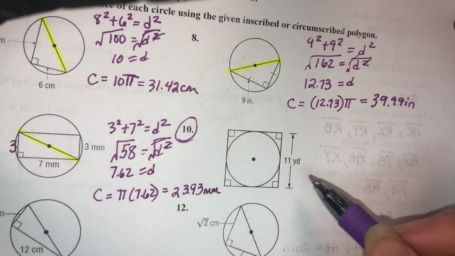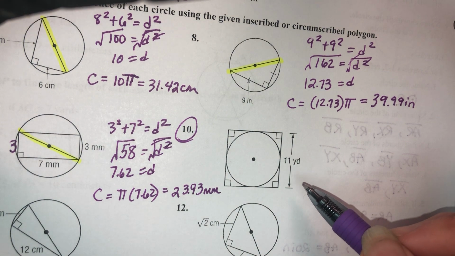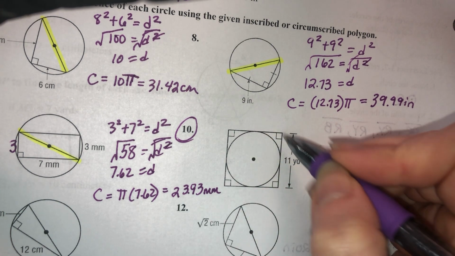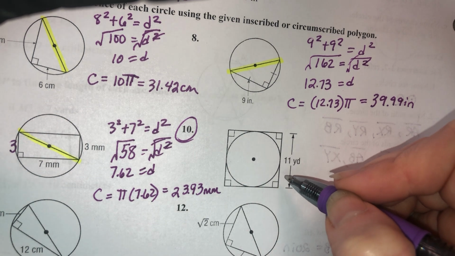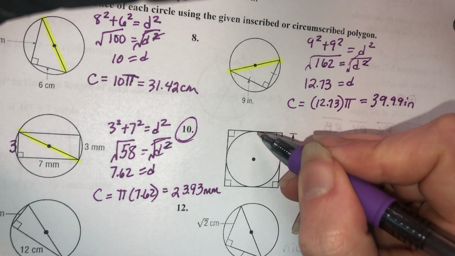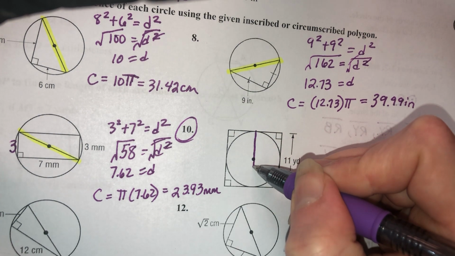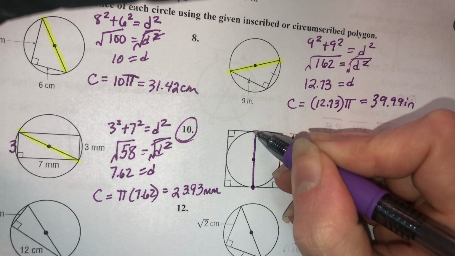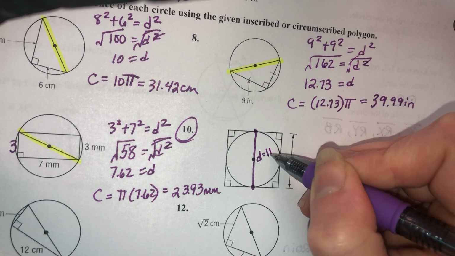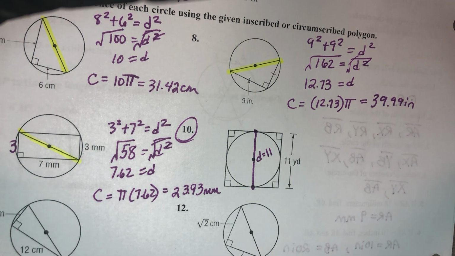Now let's look at number 10 together. On number 10, they tell you the side length of the square is 11, and they want you to find the circumference of the circle. To find the circumference of the circle, we need either the radius or the diameter. Notice though, if I draw the diameter going straight up and down through the center, that's going to be equal to that 11 yards that we have on the side of the square.